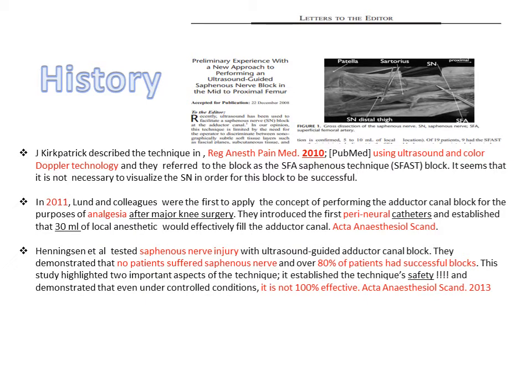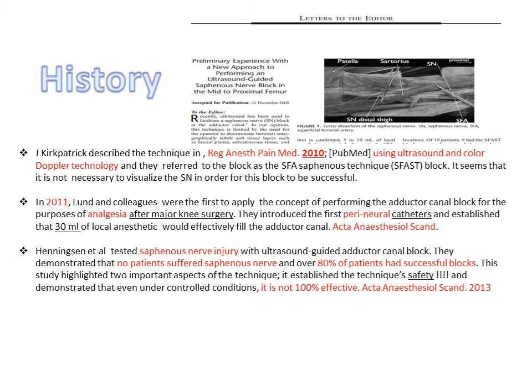Later on, Henningsen et al. tested saphenous nerve injury with ultrasound-guided adductor canal block. They demonstrated that no patients suffered saphenous nerve injury, and over 80% of the patients had a successful block.